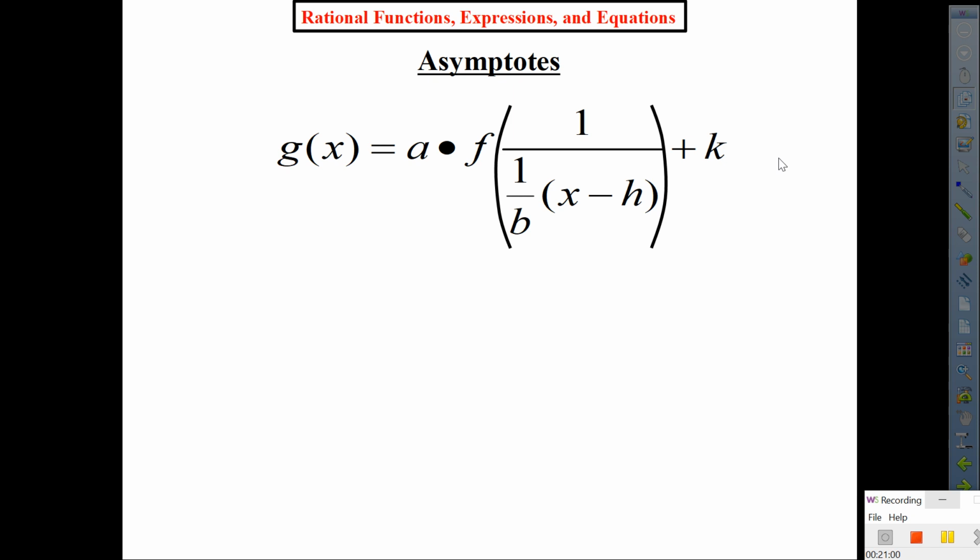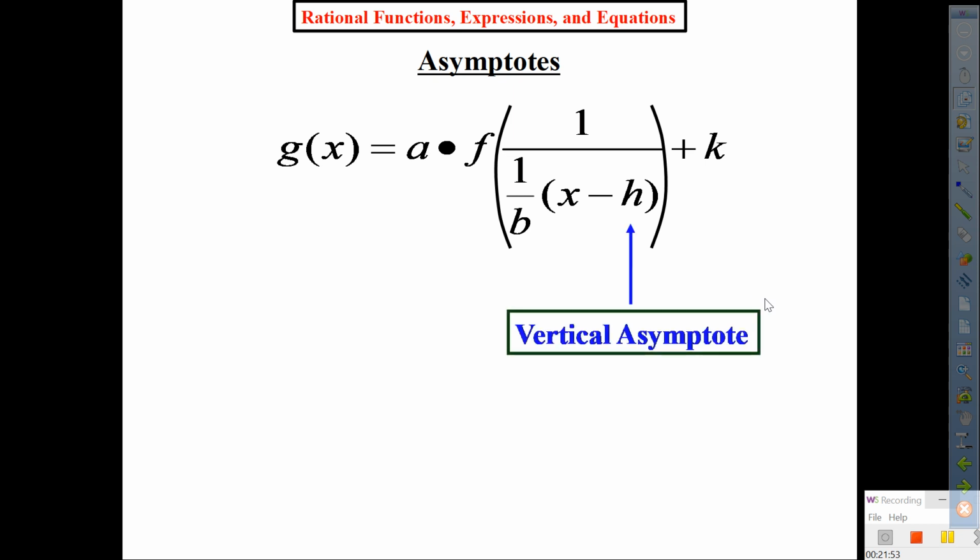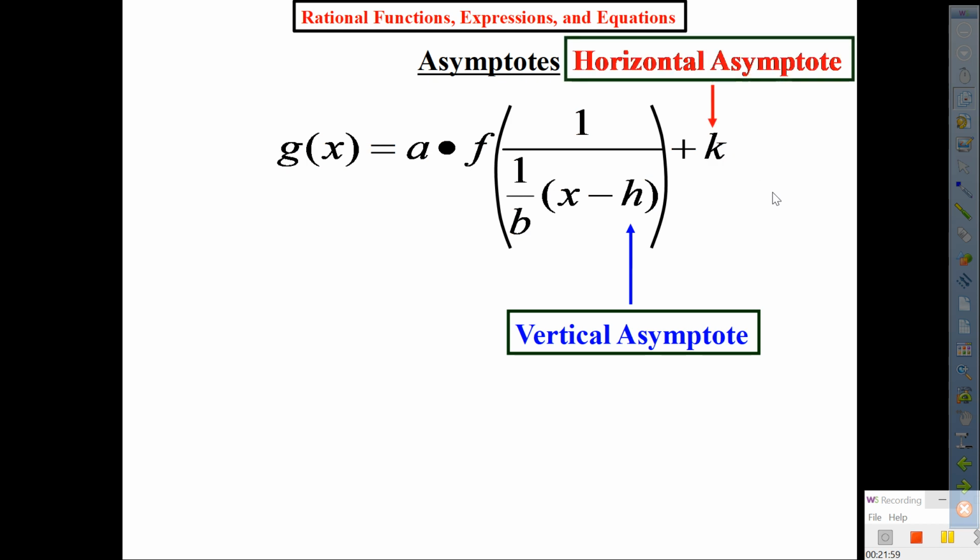H does something else aside from move the entire function, so does K. So with your blue pen, point to H and label that vertical asymptote. And with your red pen, point to K, and that's our horizontal asymptote. Vertical asymptote, horizontal asymptote.